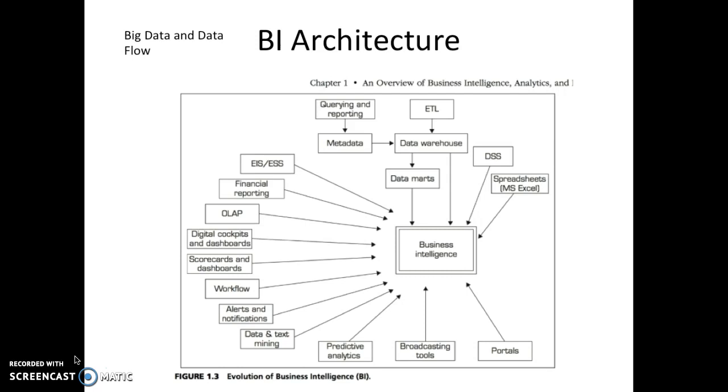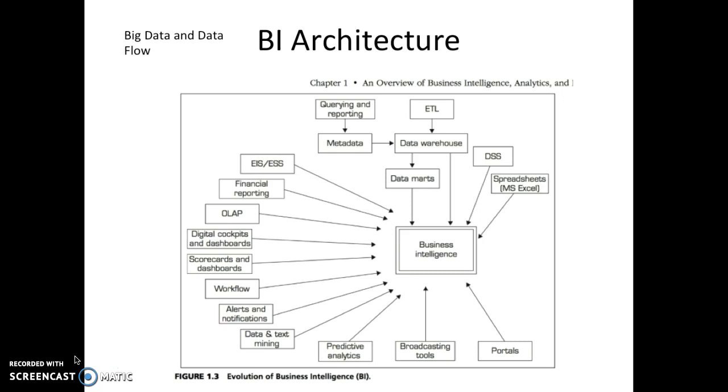There will typically be an ETL process, which means to extract data from one data source, transform it, clean it up, and load it into another data source. There's typically metadata, which is data about data.